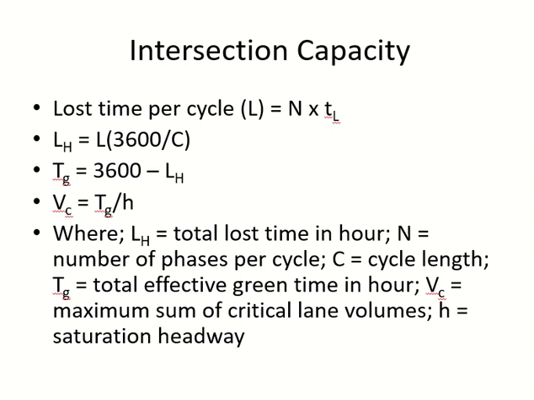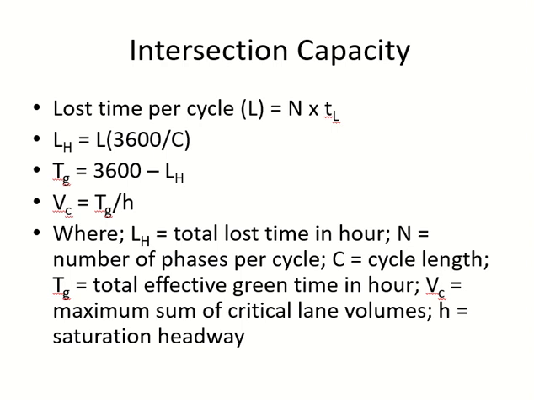So if we have n phases, then the total loss time is n into TL. In one phase there is a loss time of, let's say, 2 seconds. In two phases it will be 4 seconds. In three phases it will be 6 seconds. So TL is the loss time in one phase, and n into TL will give you the loss time of the whole cycle. Clear?